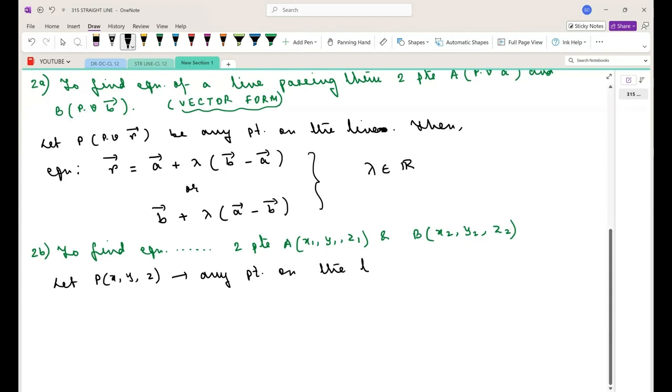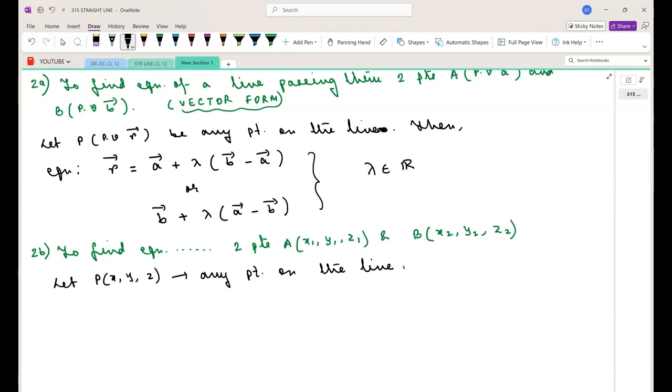Let me tell you one thing. In class 11 2D, you have seen that to find the equation of a line, or in general any figure, to find a locus, we used to take let P(h, k) be any point on the line, and then we used to replace h, k by x, y. But since we are dealing with 3D here, three axes are involved, three coordinates, we don't use h, k, we directly take x, y, z as the running coordinates of the moving point.